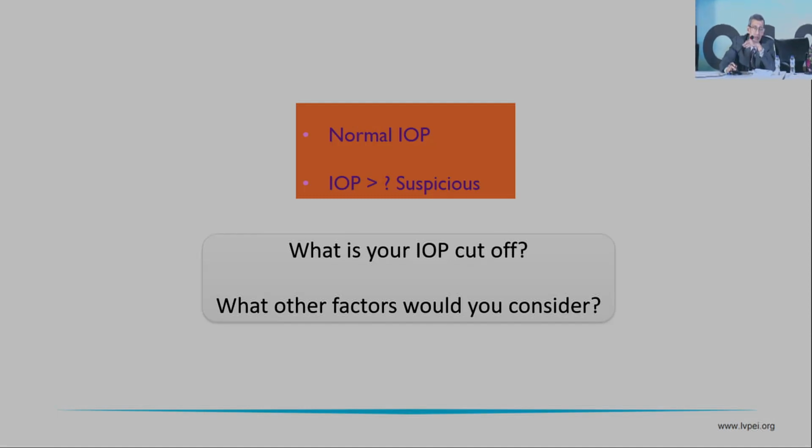I'll say in children, a cutoff value of 15 or 16 millimeters when we are doing it under anesthesia should be the cutoff value. 20, 21 under anesthesia should definitely be considered abnormal. And of course, intraocular pressure is not the only criterion. You have to corroborate with the other clinical features.